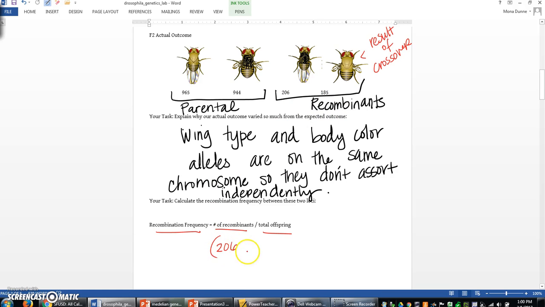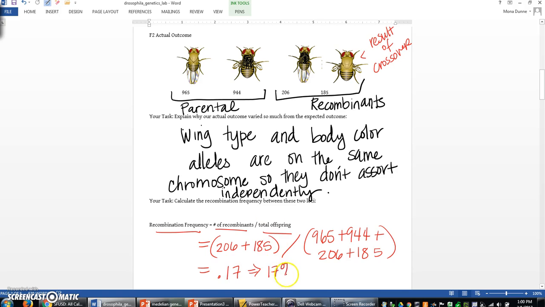So we're going to go 206 plus 185 divided by the total number of offspring. We're going to add everything together here. Remember your order of operations and use your parentheses. Hopefully if you did this right, you got 0.17. So we say that there's a 17% recombination frequency or crossover frequency.